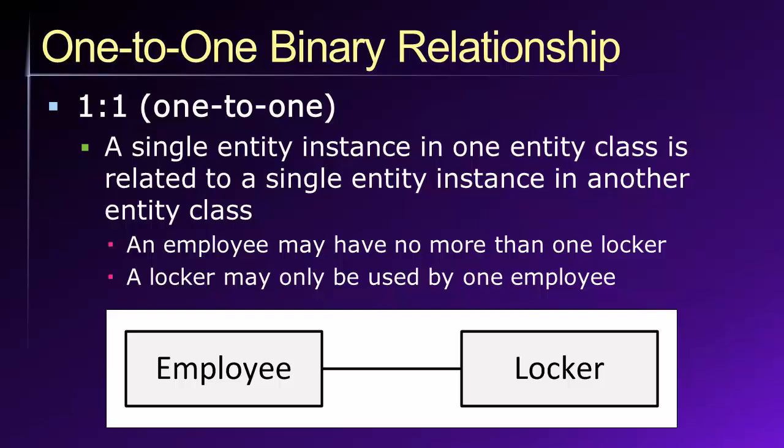Here we see an example of a 1-to-1 relationship between an employee entity and a locker entity. So we might imagine that an employee is assigned to exactly one locker, and a locker can be assigned to just one employee. This is a 1-to-1 relationship.